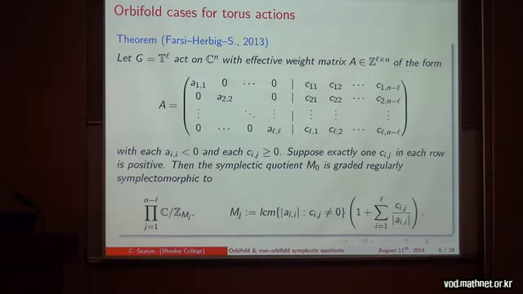So these are all orbifold cases, and this is the kind of result that we were hoping for: you can compute exactly what orbifold you're talking about directly from the weights of the representation. You get a product of C mod a cyclic group, and the order of the cyclic group can be computed from the weights of the representation.